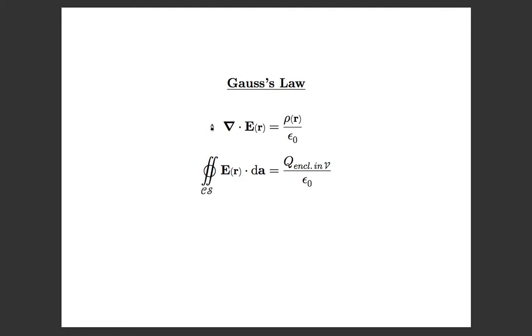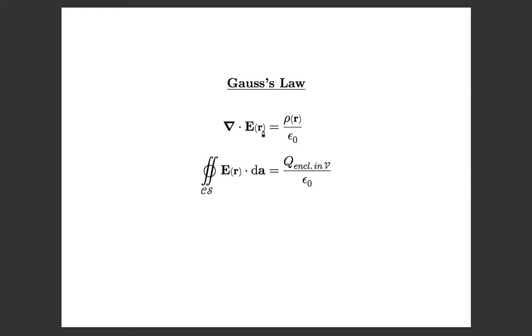We have the differential form here, and we have the integral form. But the thing to realize in both cases is that mathematically we have to assume we know the electric field already, because we're taking the derivative of the electric field to give us some charge density. Here we're taking the integral of the electric field to give us a total charge.